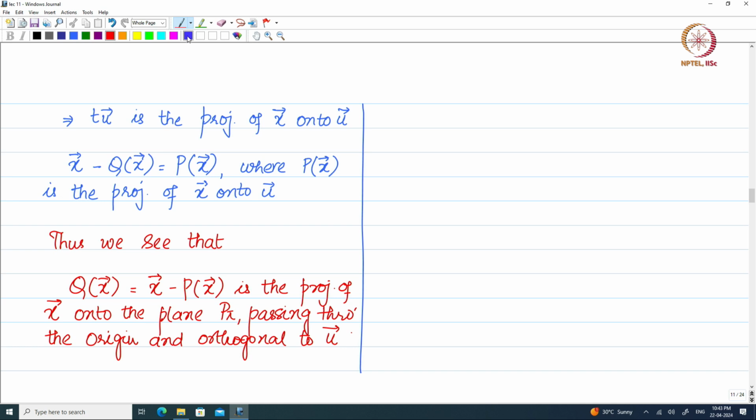Now, having found the projection, the question that we ask is: what is the distance from the point x to the plane p pi?